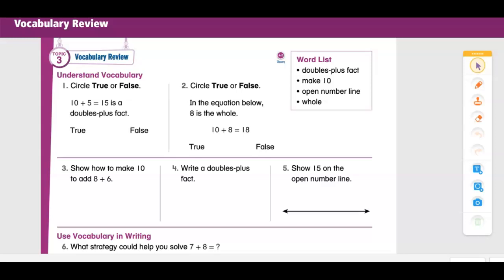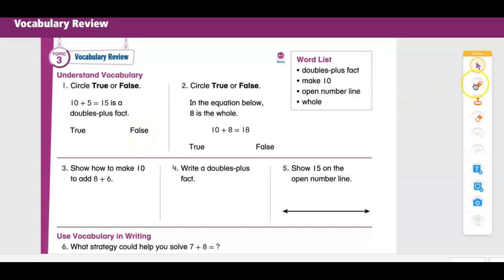You use a doubles fact to get you to your total and a doubles plus fact to change the add-in. Like we said in our example, 6 plus 6 is a doubles fact and 6 plus 7 is a near doubles fact, so is 10 plus 5 equals 15 a doubles plus fact? Is this true or false?